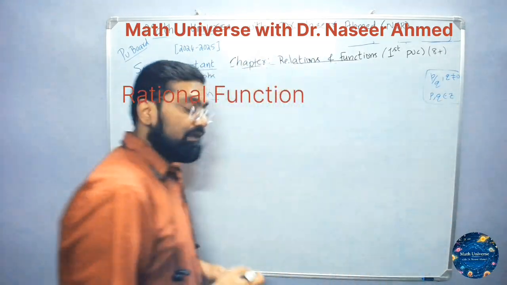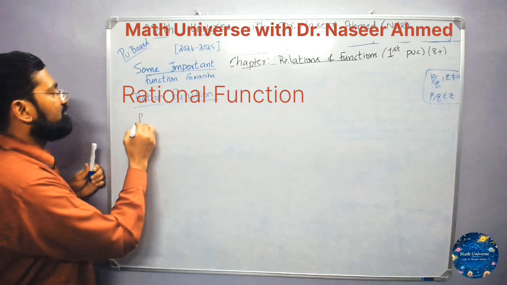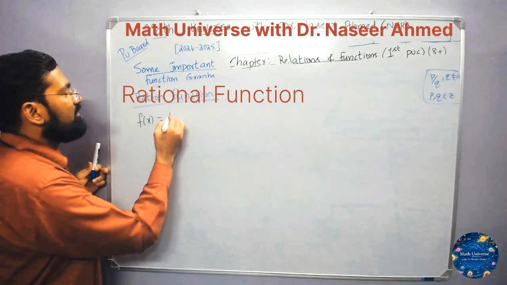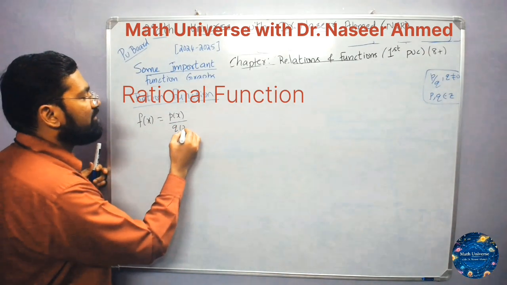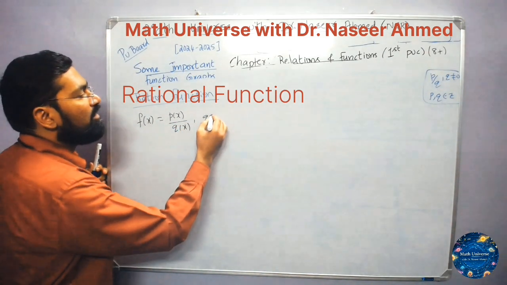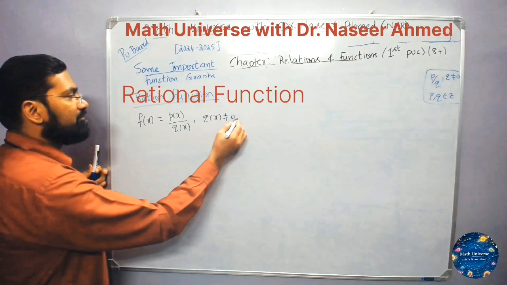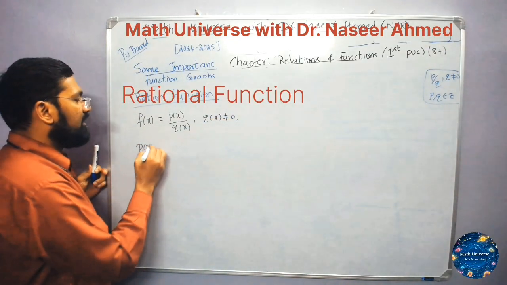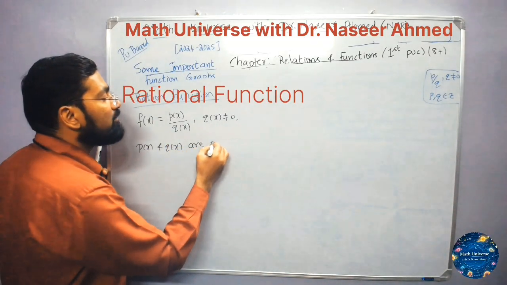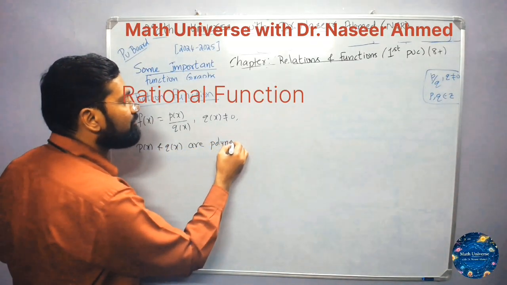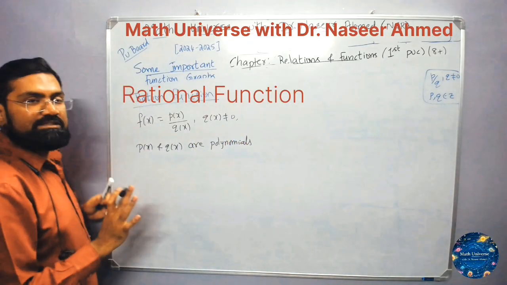Similar to this, rational function: any function of the form f of x is equal to p of x divided by q of x, where q of x is not equal to 0, and both p of x and q of x are polynomials. Okay, it's not integers, it's polynomials.